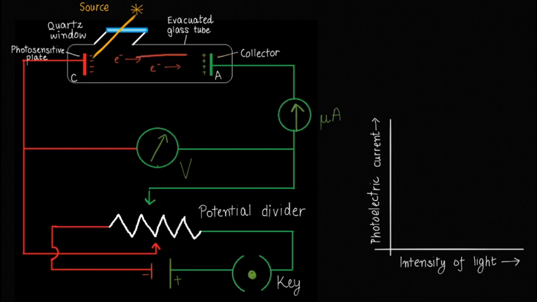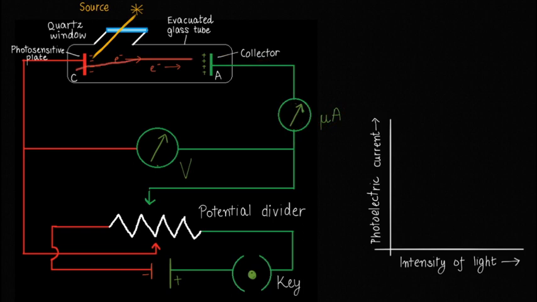Now the collector collects these photoelectrons, and if the collector collects these photoelectrons, what happens? The current starts to flow through the circuit. So you will get a reading here. So you will measure some current at your microammeter.